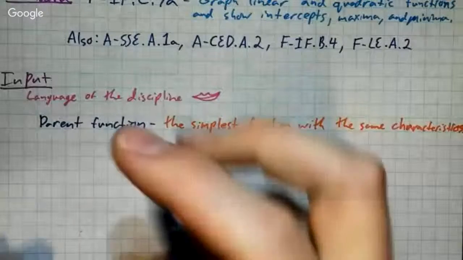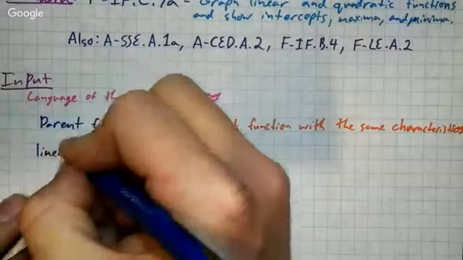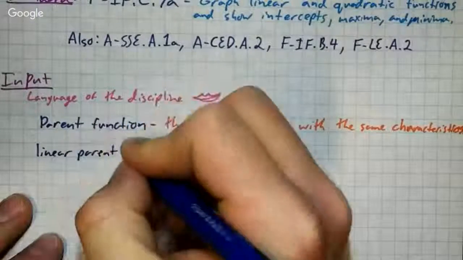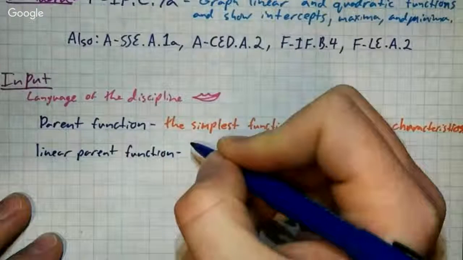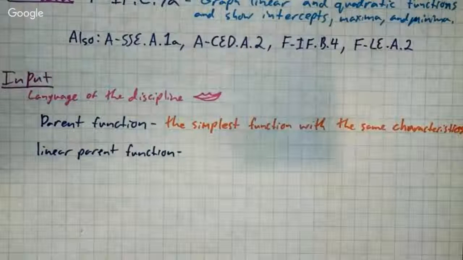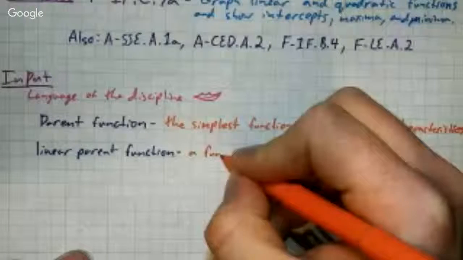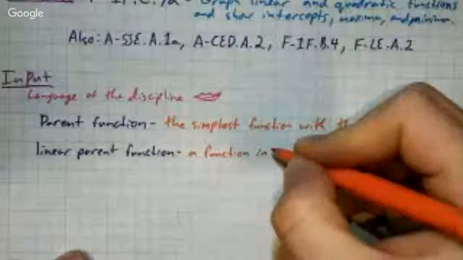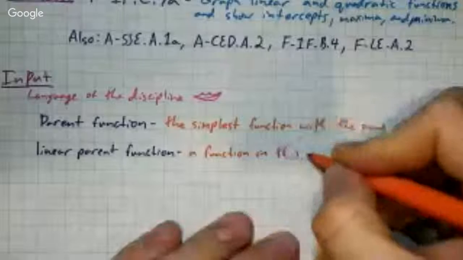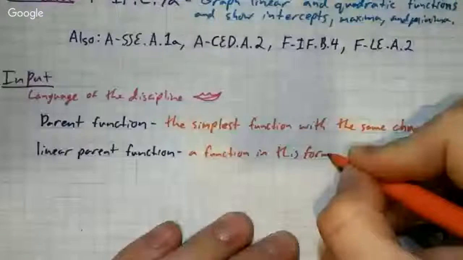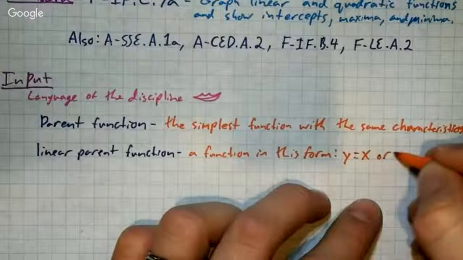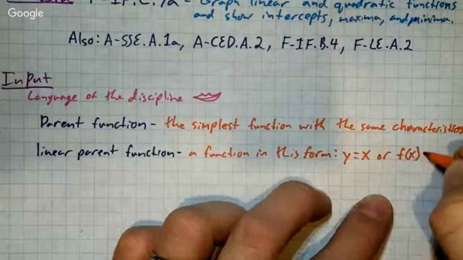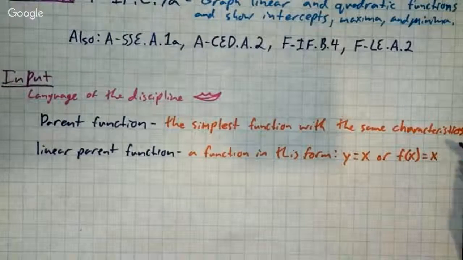Now to get a little bit more specific, there's also a linear parent function. And a linear parent function is a function in this form: y equals x, or the function of x equals x.